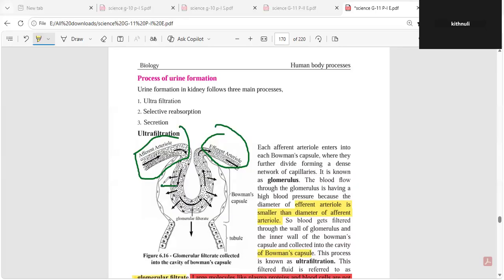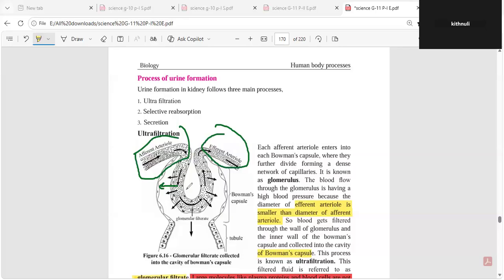Then this filtering process is happening here. Right. Glomerulus is the dense network of capillaries in the Bowman's capsule. Right? Then you know that blood is filtering out.